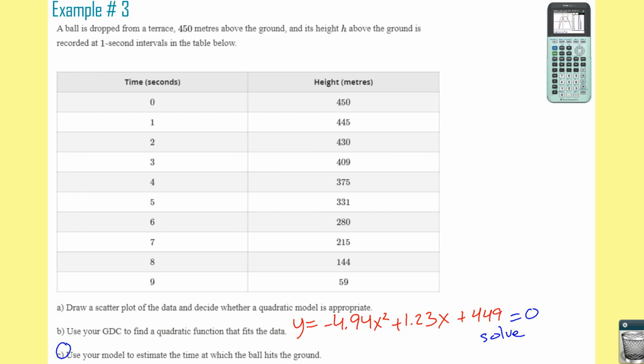What I mean by that is you probably get a negative answer, or negative x value. That doesn't make sense, because remember x is time, y is your height, so time should not be negative, neither should height. So your x value ends up being, I think, 9.66 seconds. Okay, so that's how long it takes for the ball to hit the ground.